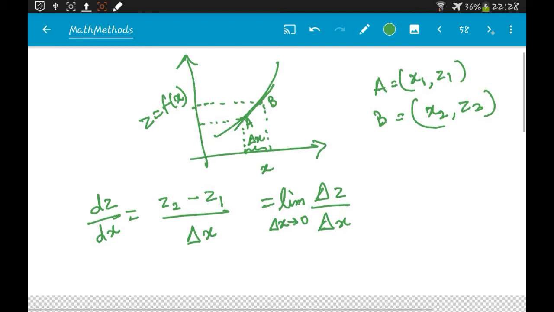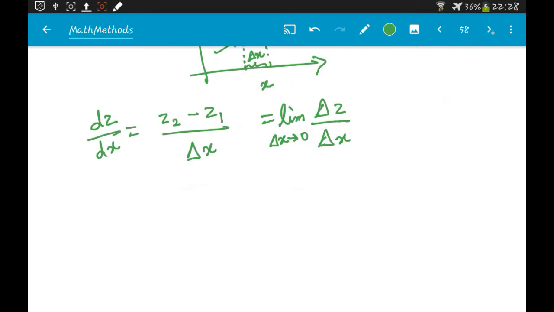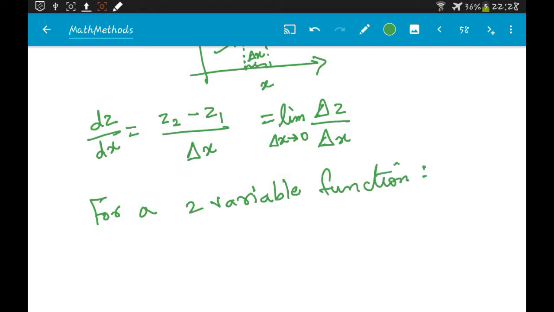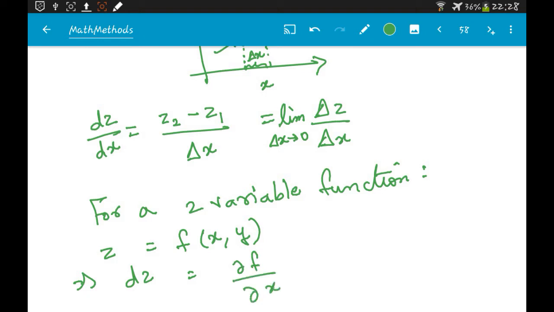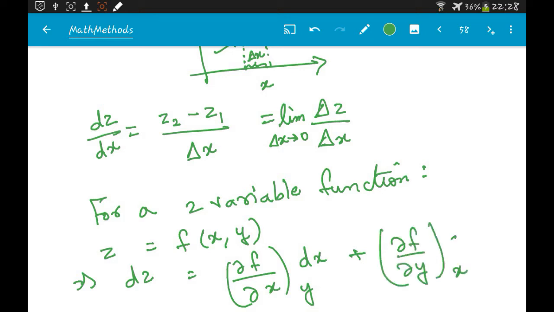Now of course, for a two variable function, z is a function of two variables. So your dz is, as we have already seen, dou f by dou x at constant y into dx plus dou f by dou y at constant x into dy.